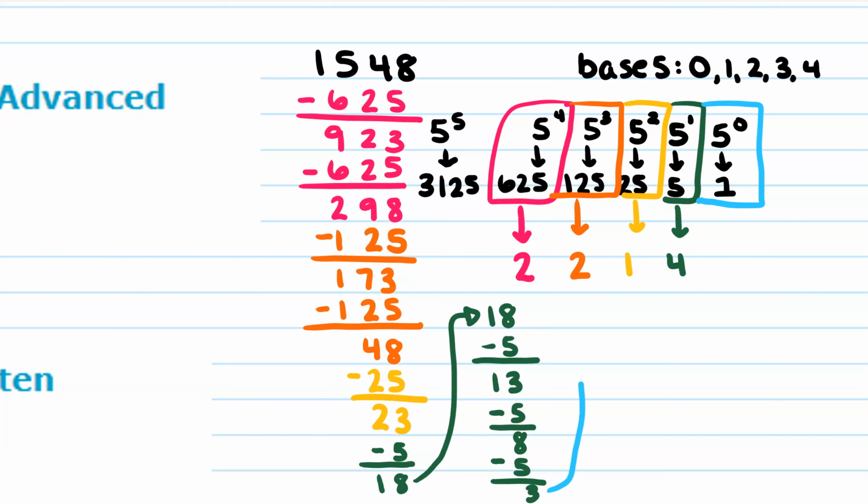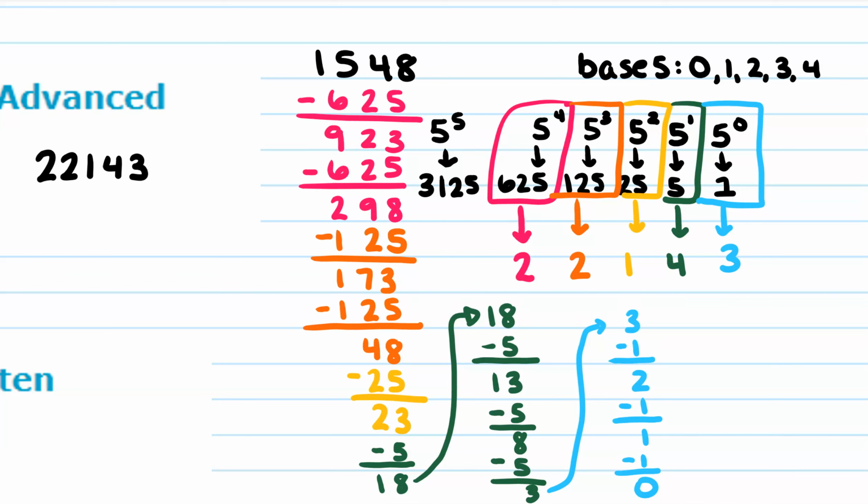So starting at 3, I can subtract 1, 2, 3 times to get to 0. So the value 1,548 from base 10 can be written as 22143 in base 5.